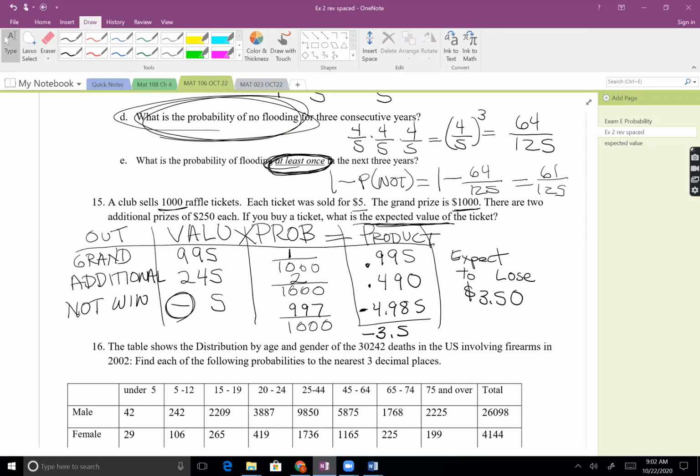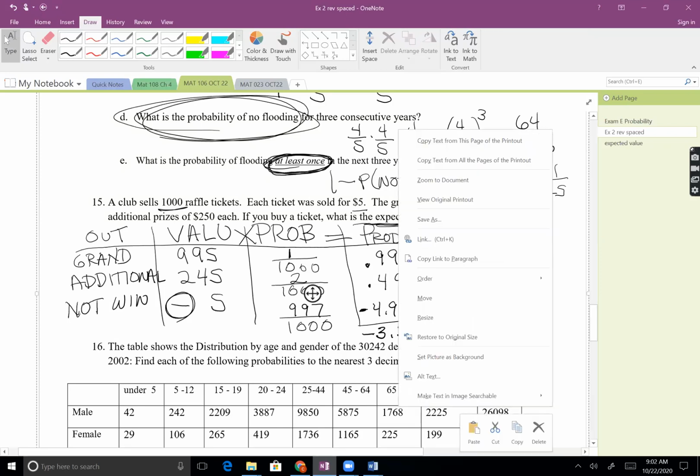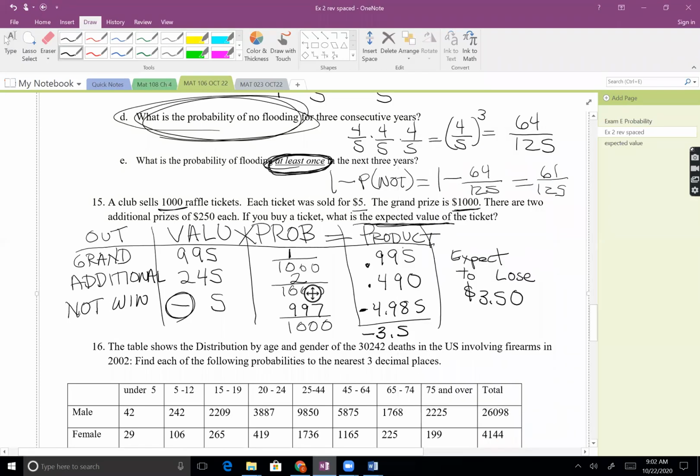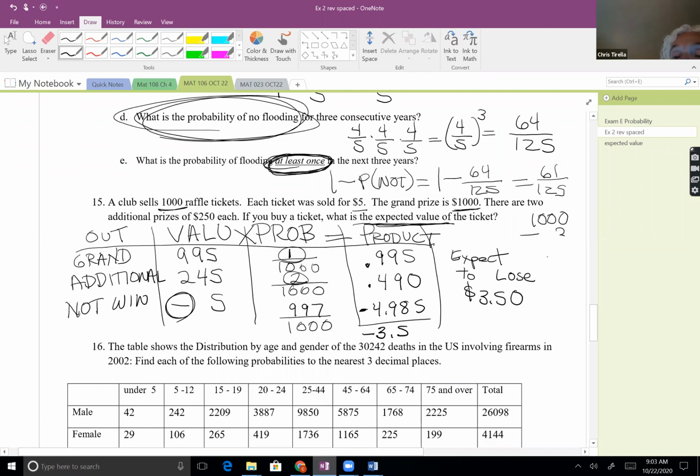I'm just wondering how you got the 997. There's 3 winners. And so if there's 1,000 tickets and 3 win, then the other 997 don't.